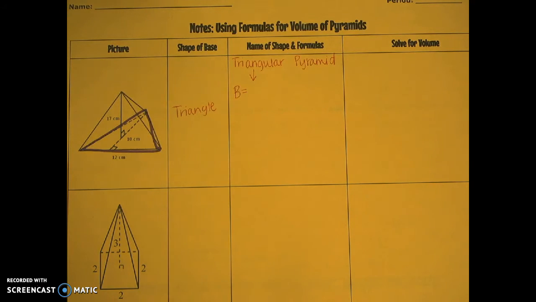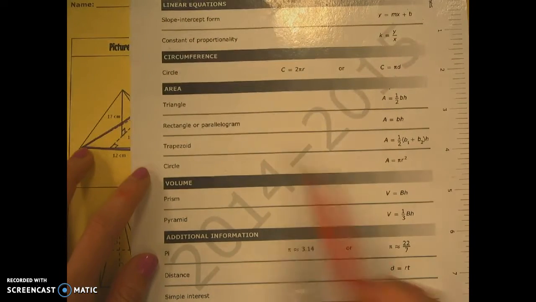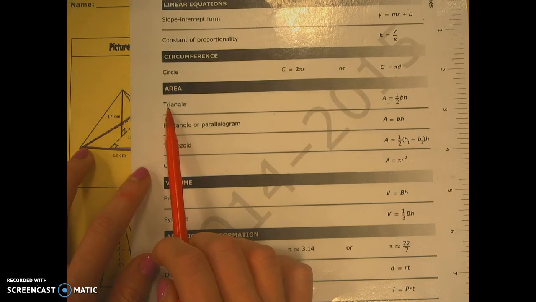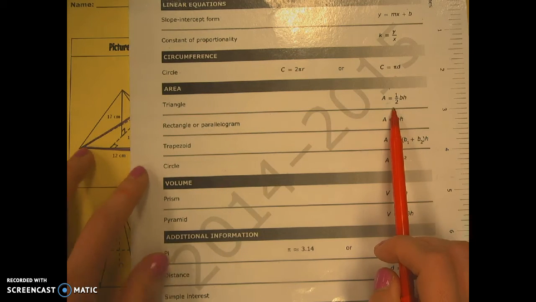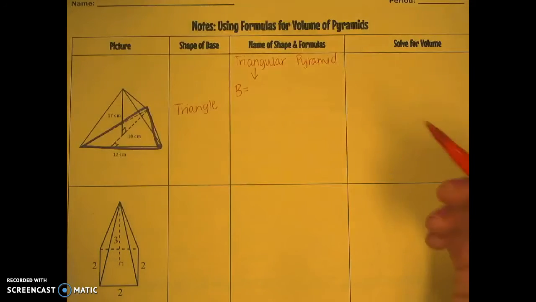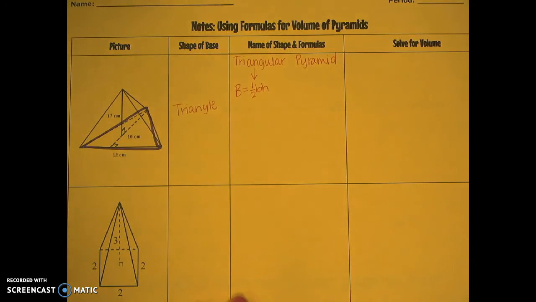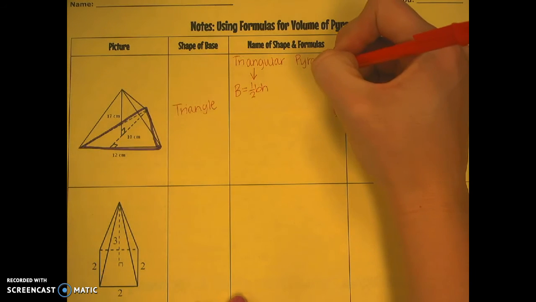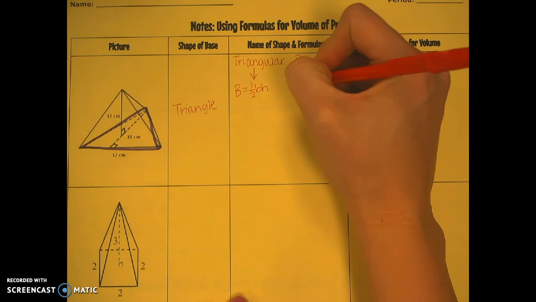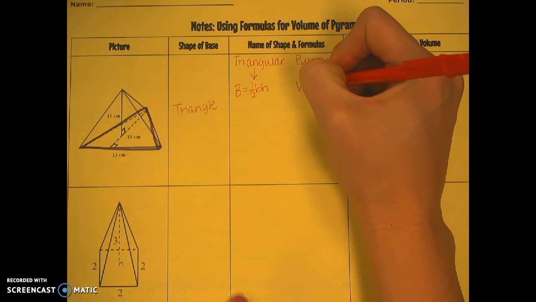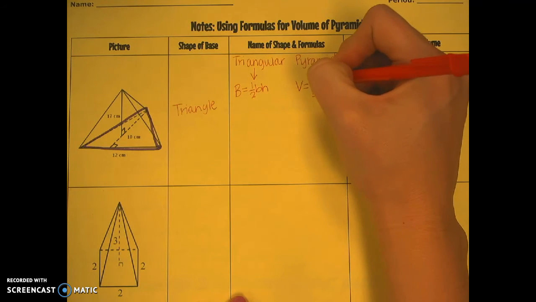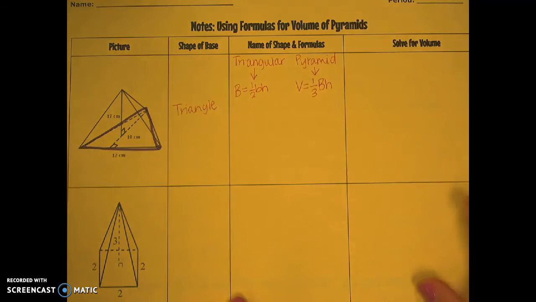So if I look back at my star chart, I know to find the area of a triangle, I just need to do 1/2 base times height. And then once I get that, I can find the volume of the whole pyramid, and I can use our new formula, volume equals 1/3 area of the base times the height.